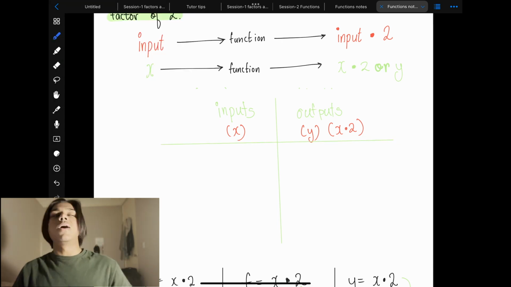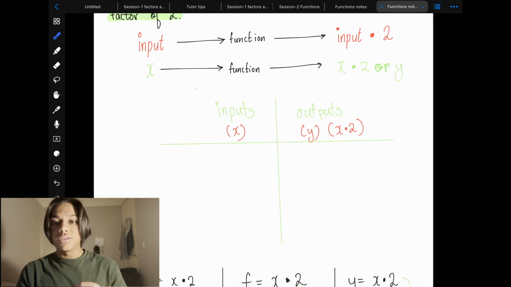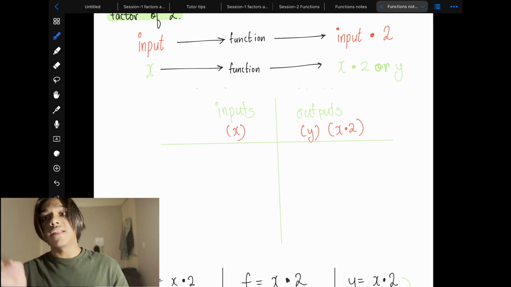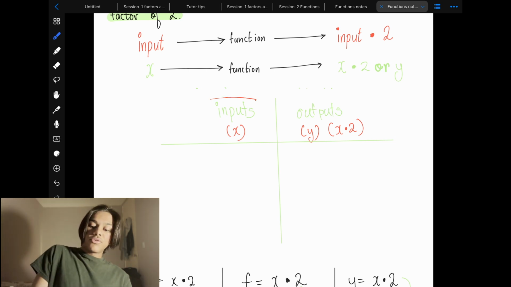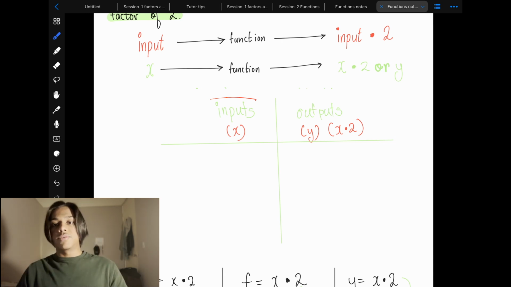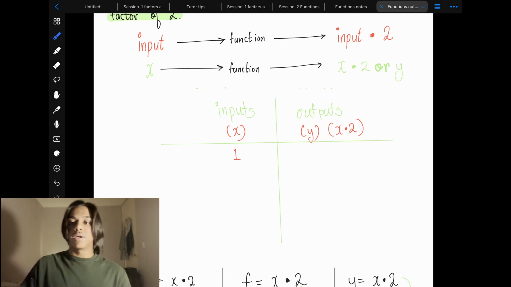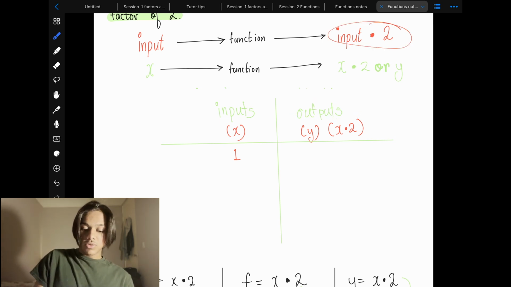And now let's see how we can make a function table. All I'm doing in the function table is putting values for x, or putting values for inputs, and getting an output. How does that work? Let's say for input, I put a random value. Let's start with 1. And now my output, I know, is nothing but input times 2.